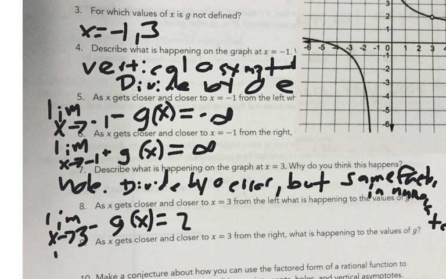Now what about as we approach it from the right? The limit as x approaches 3 from the right of g of x. As I get closer to 3 from the right, the y's are also going towards a y value of 2. That's where it agrees. Right? We're approaching the same value from either side.